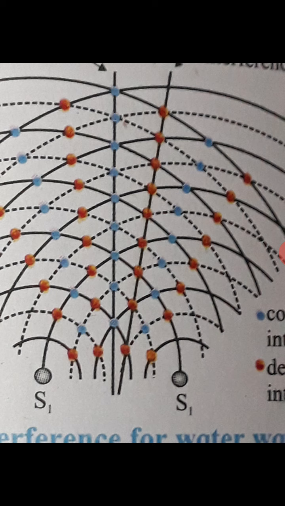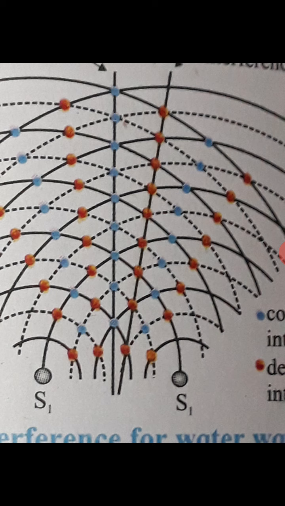When the two waves are in phase, meaning crest or trough coincide, then the displacement is maximum. It shows the maximum amplitude, and the square of amplitude is proportional to intensity.